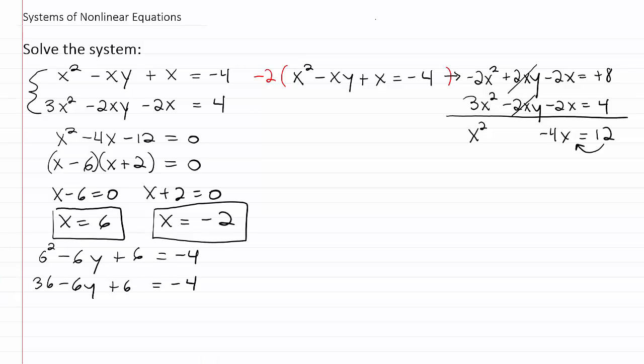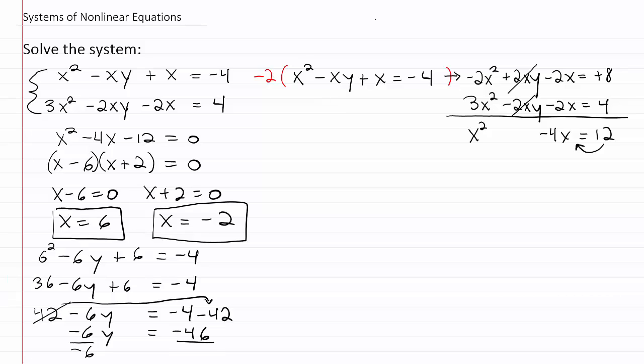So 36 and 6, of course, make 42 minus 6y is equal to negative 4. Then bring the 42 over to this side to make it minus 42, and you'll have negative 6y is equal to negative 46. Then divide everything by negative 6.